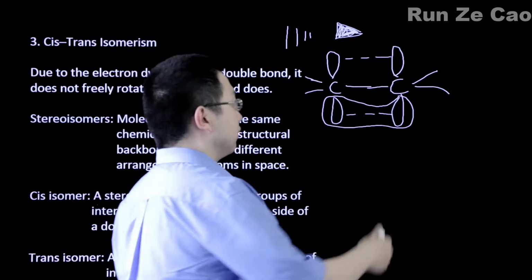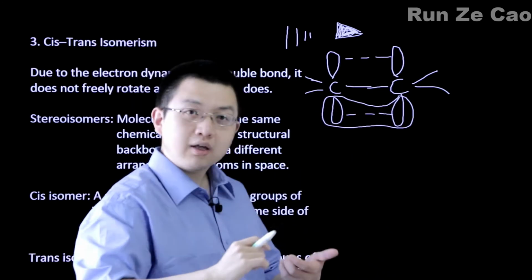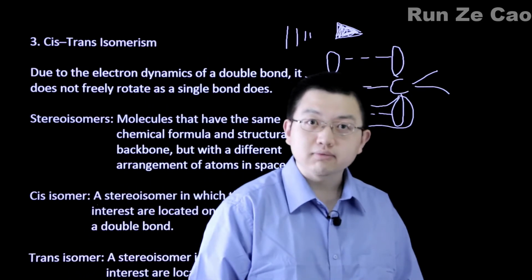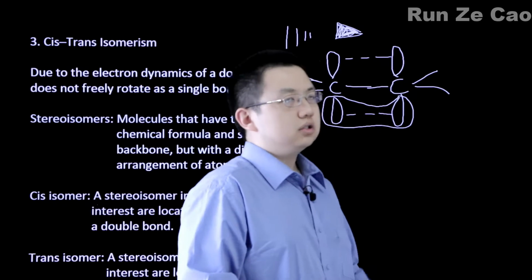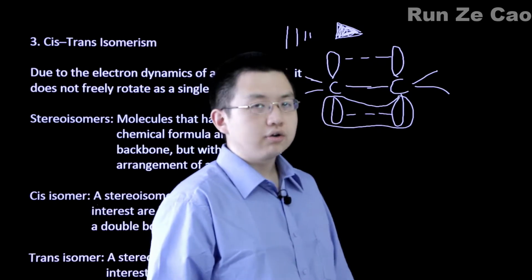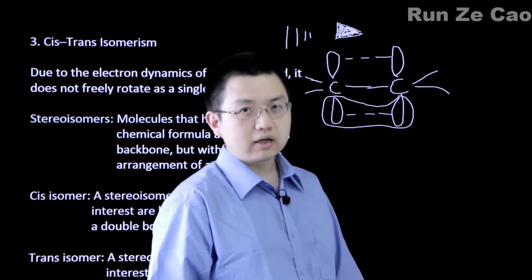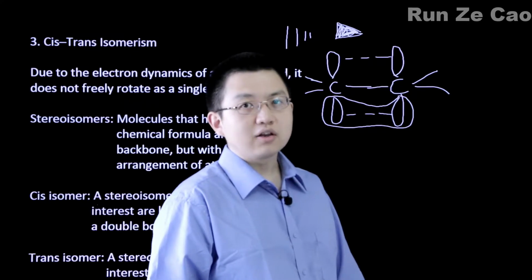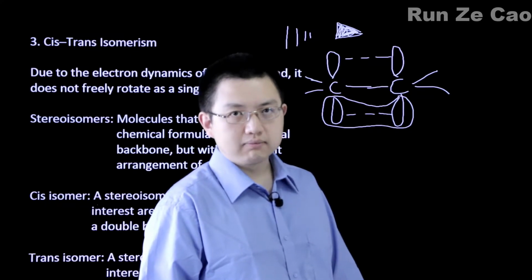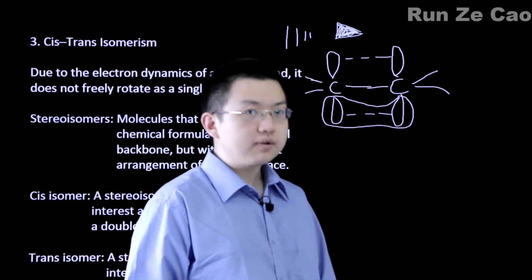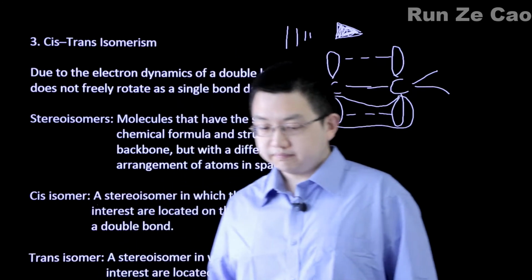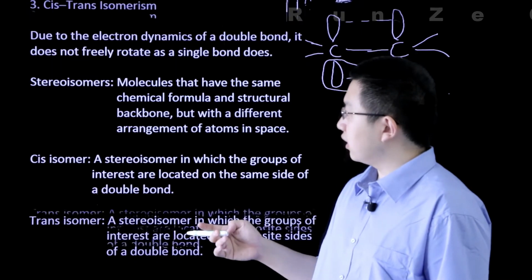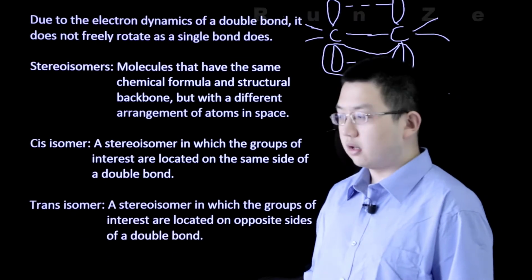I mean, clearly not. If you try to pull these out of alignment, it will cost a lot of energy. Which is why alkenes are considered to not undergo cis trans isomerism readily. That means they don't switch between the two forms readily. That means the two forms are both important and both affect the reactivity and other characteristics of the molecule.